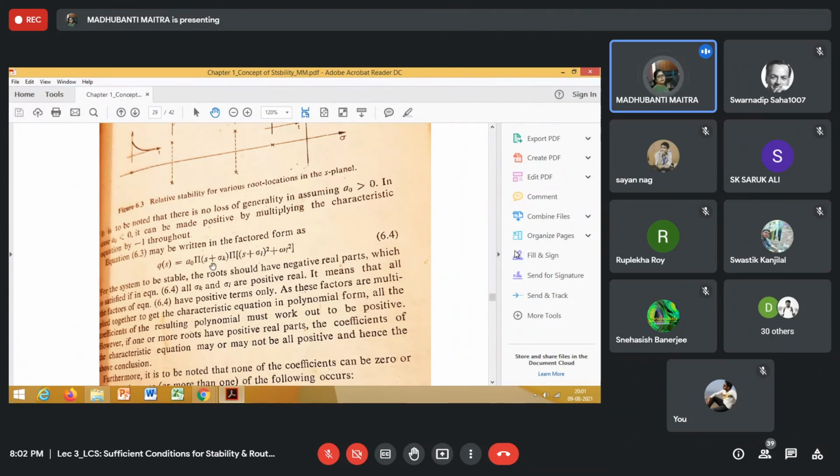So when we multiply these factors and express the characteristic equation in polynomial form, if sigma k's and sigma l's are positive, and obviously omega l square is positive, it's clear that the coefficients will come out to be positive if a0 is greater than 0, isn't it?